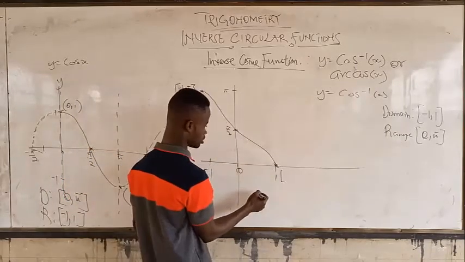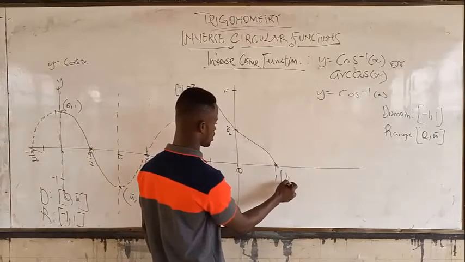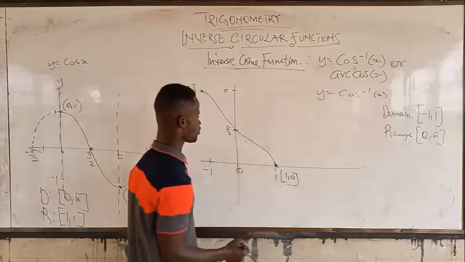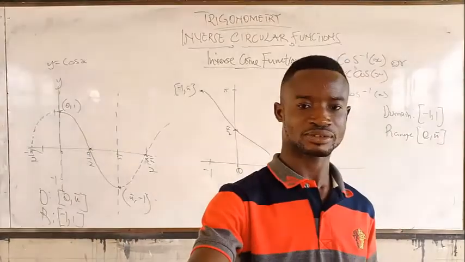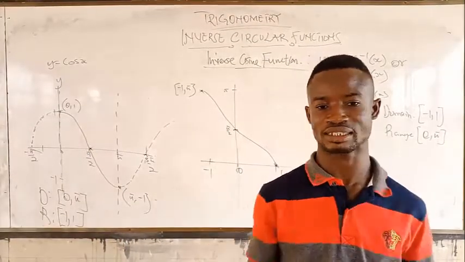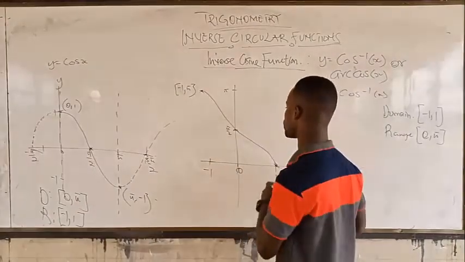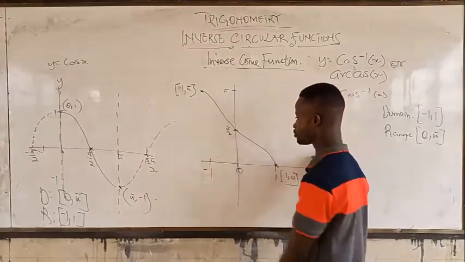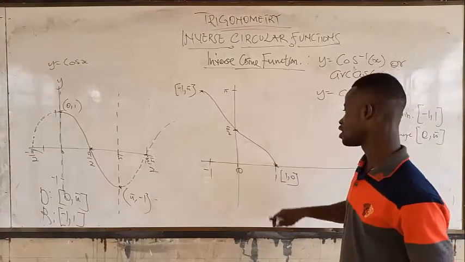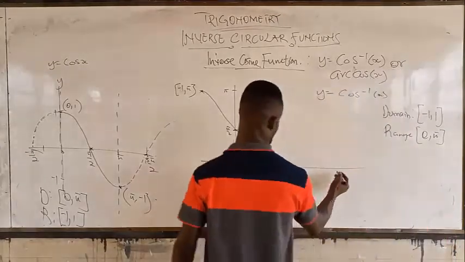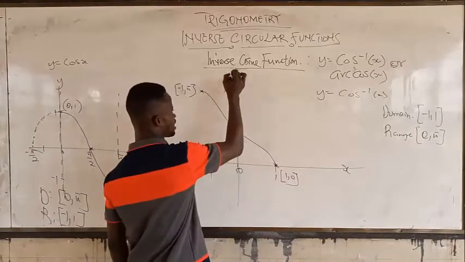The point here will be 1, 0. So that is going to be that. And we have several points within here. This is the x axis, this is the y axis.